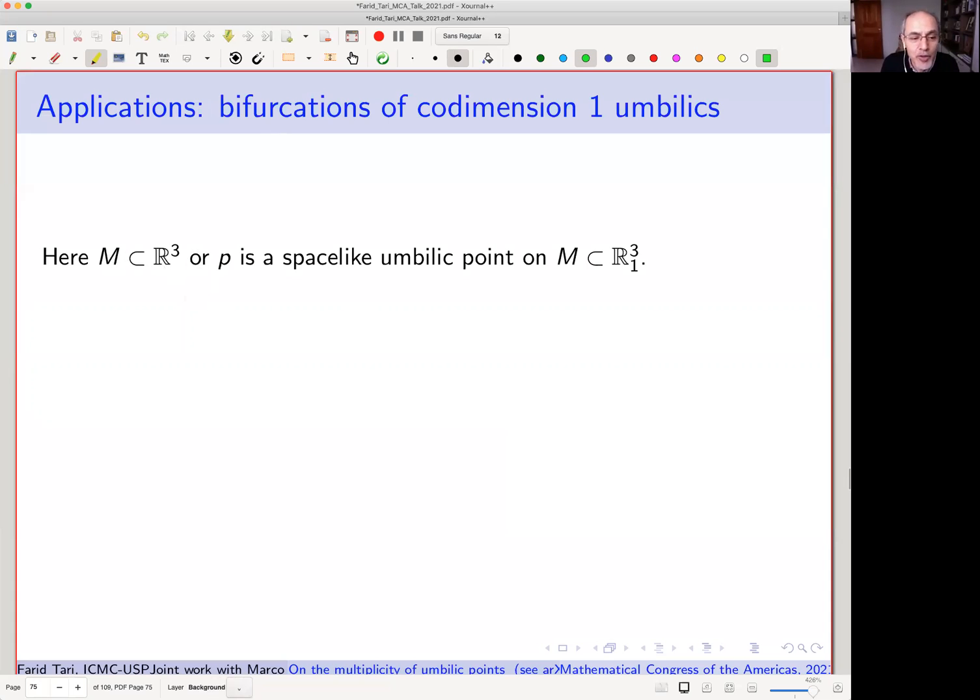Here, I'm going to restrict to space-like umbilic points on surfaces in R^3 or R^3_1, simply because the bifurcations of time-like umbilic points or light-like umbilic points have not been studied yet. So they are yet to be studied. So what we do here is we just go to the literature, get the cases that have been studied, and look at their multiplicities.